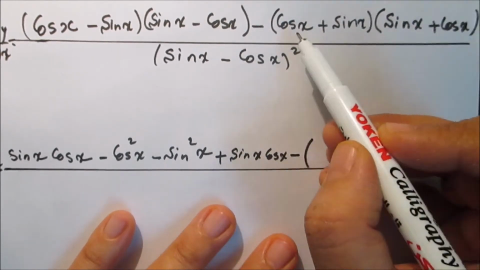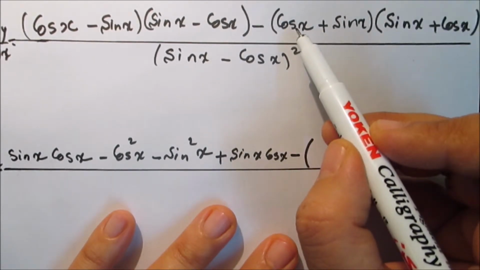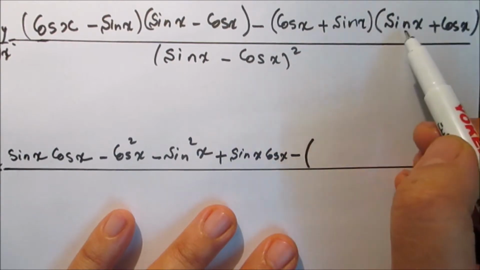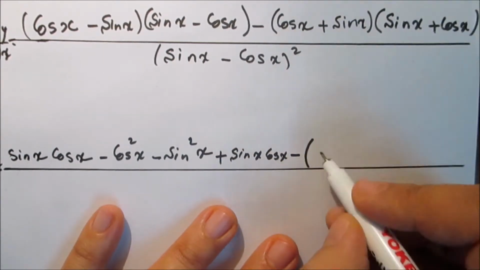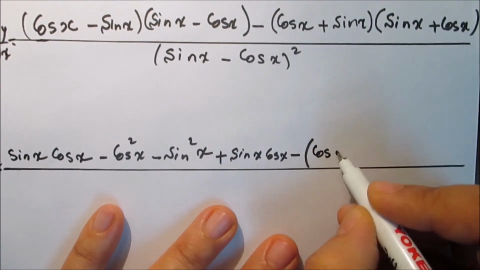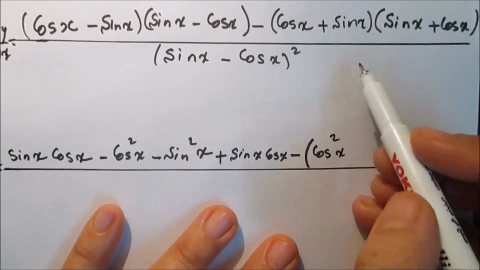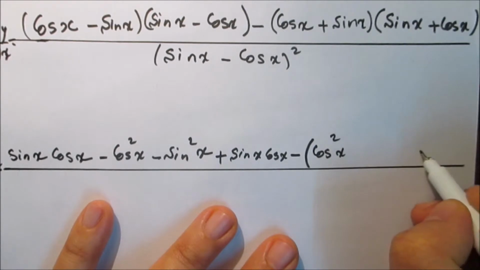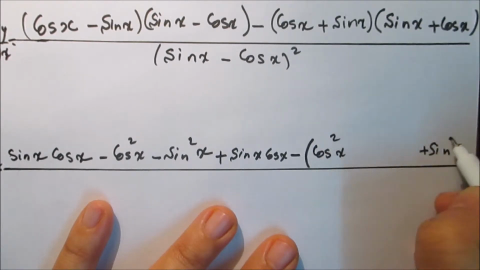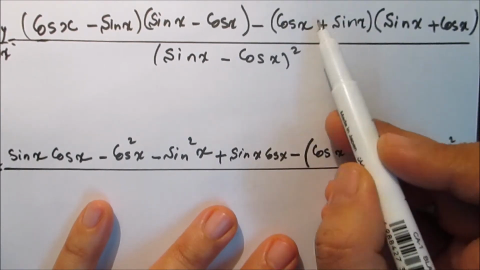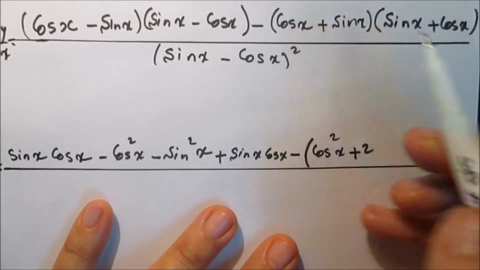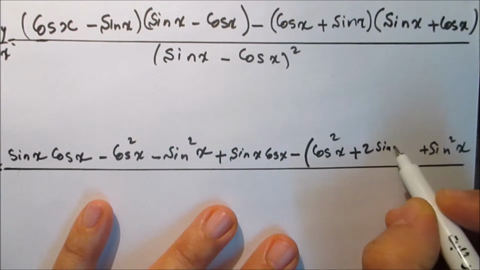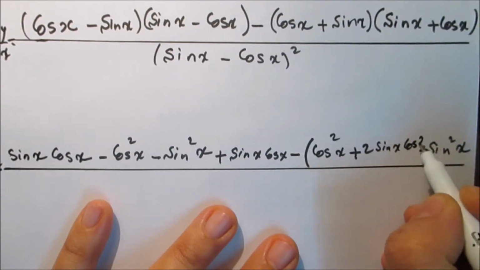Here we have a perfect square because we have (cosine x plus sine x) times (sine x plus cosine x). Take the square of the first, so cosine squared x, and the square of the second, so plus sine squared x, take the sign for the middle term, plus 2 times sine x cosine x, so 2 sine x cosine x.